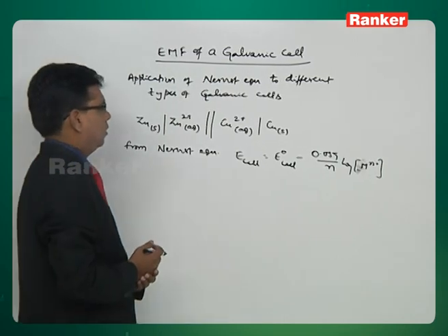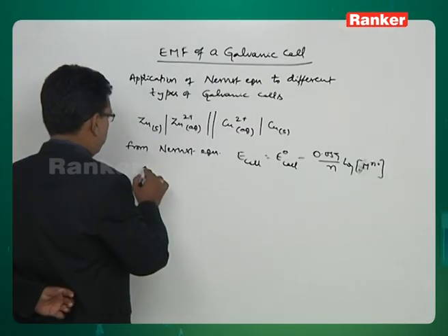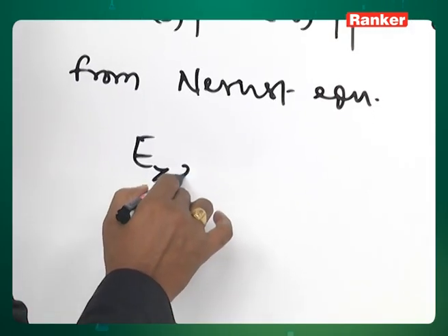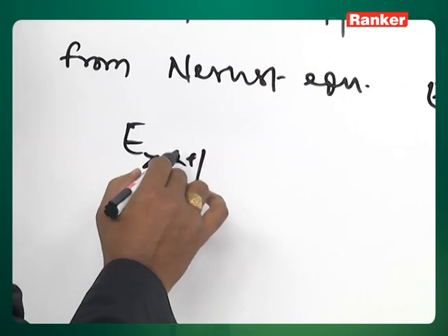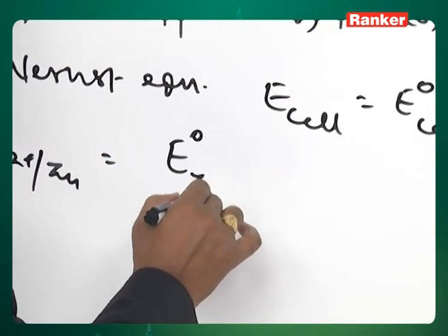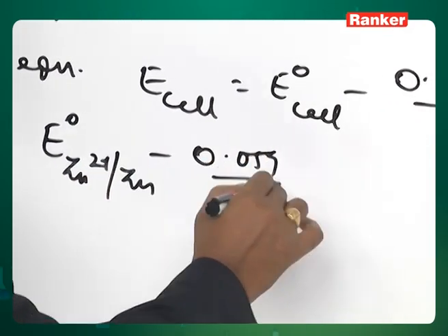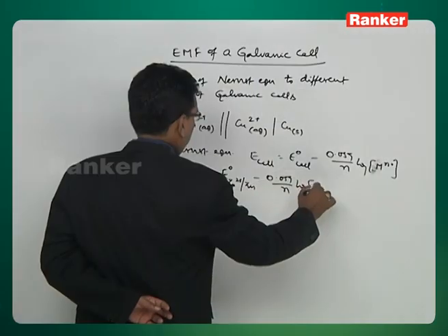Now, if we apply this, this is for a single electrode. So, E Zn2+/Zn is equal to E naught Zn2+/Zn minus 0.059 by n log Zn2+.